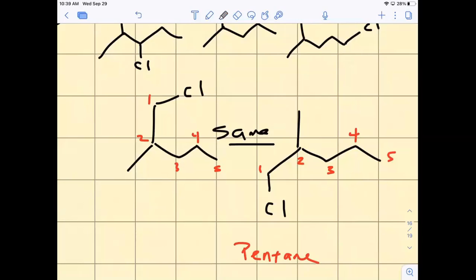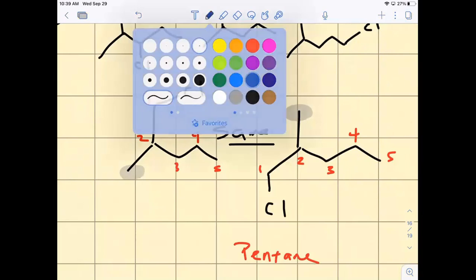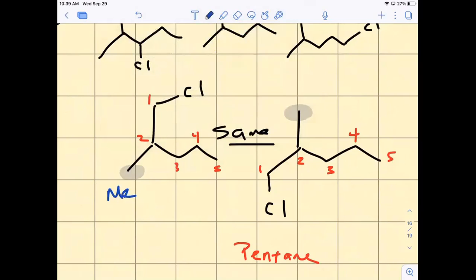Don't I have a group out here that's not part of the longest chain? Yes. So we call that what? A methyl? Is that right? Because it's a CH3. I was going to say alkyl. Well, alkyl is a generic name for it, but the specific name is methyl. It's a methyl group.